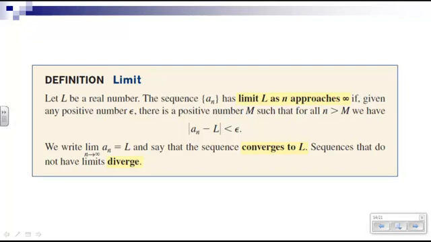We say that sequences may or may not have limits. Now, this definition is the very, very rigorous mathematical definition of a limit. If you say that that sequence approaches some particular value as n approaches infinity, what you're saying is that it gets closer and closer to that value.